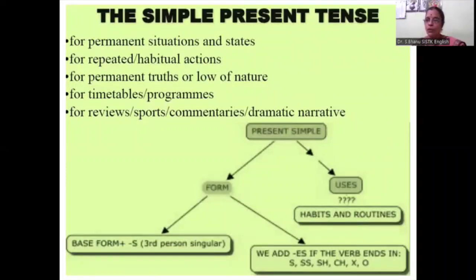My father goes for a walk every day. So for permanent situations, always when you speak of habits and routines: I drink a glass of milk every day. I do yoga every day. For permanent truths, everything consists of simple present tense, as well as for timetables, programs and sports.